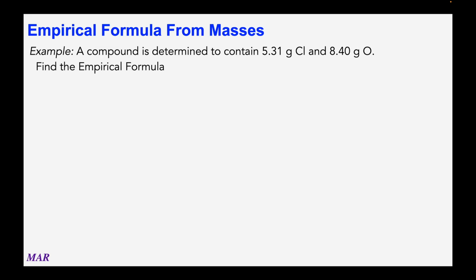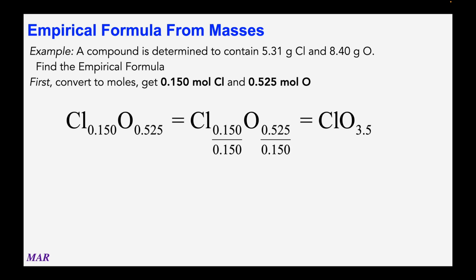Now here's another example with chlorine and oxygen. So we've got so many grams of Cl, so many grams of oxygen. Let's find the empirical formula. So like before, grams to moles is the first thing for both chlorine and oxygen. Chlorine is 35.45, so 5.31 divided by 35.45 gets you 0.150 moles of chlorine.